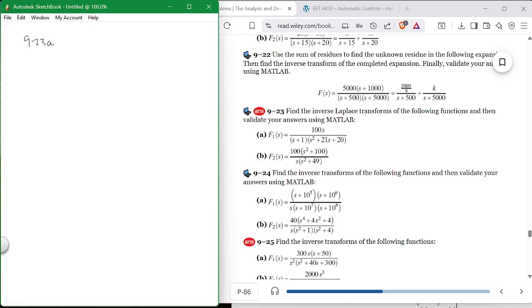Then you have to ask the question, is this factorable? All right, so it's going to be 100 s over s plus 1 quantity times s squared plus 21s plus 20. It's going to be A over s plus 1. That's a given, right? The next question is, is that factorable? Can you factor this?